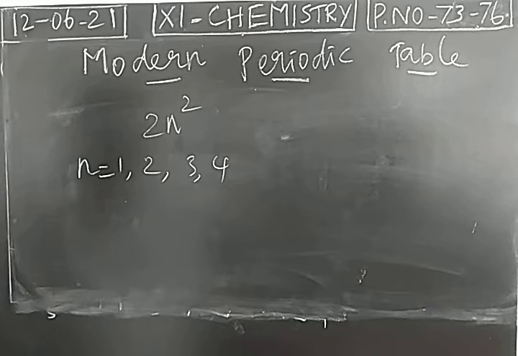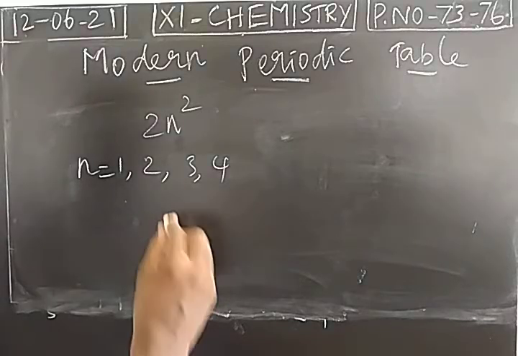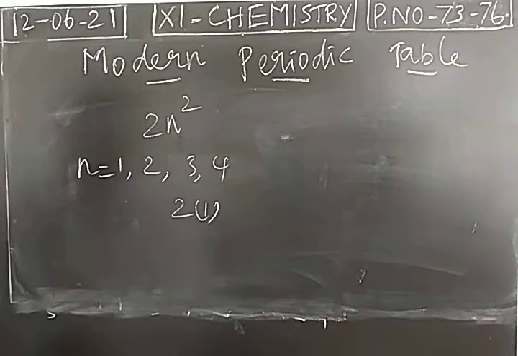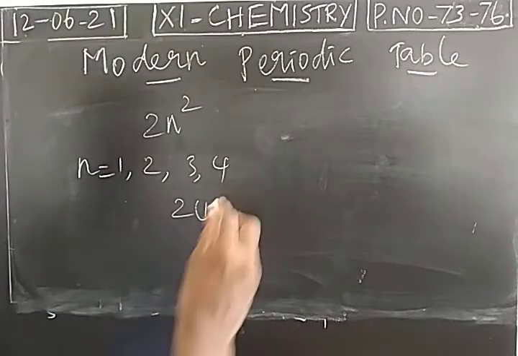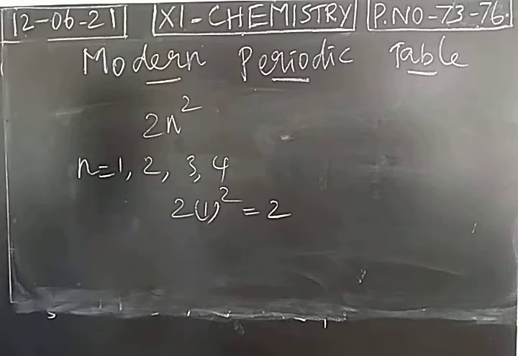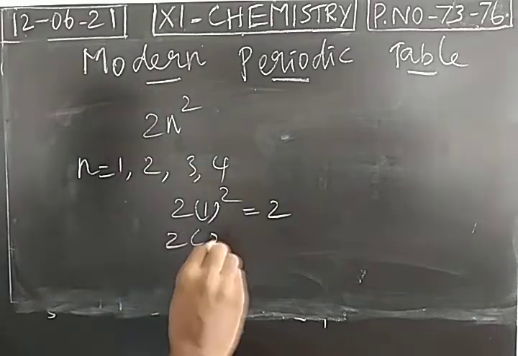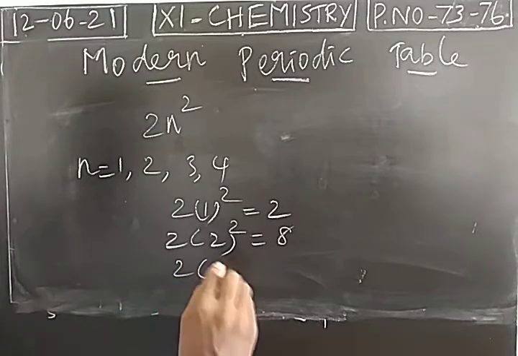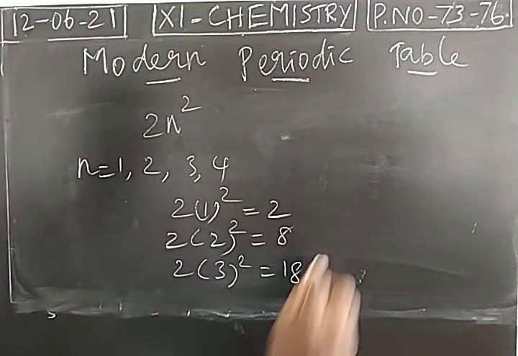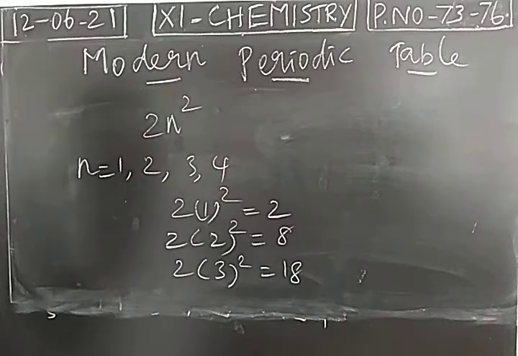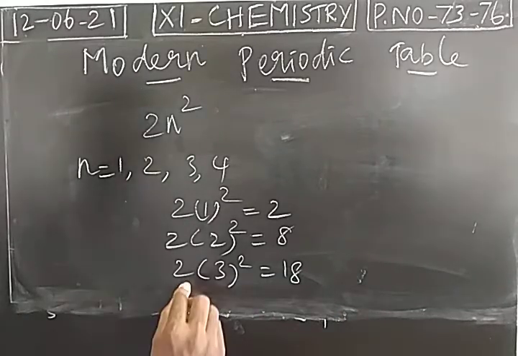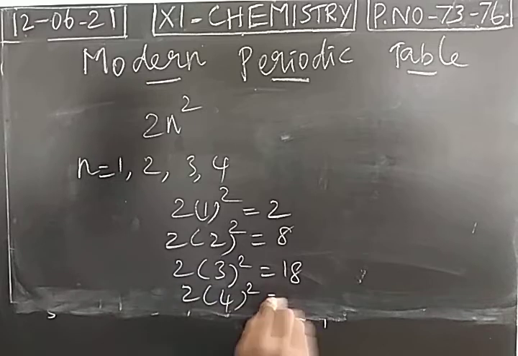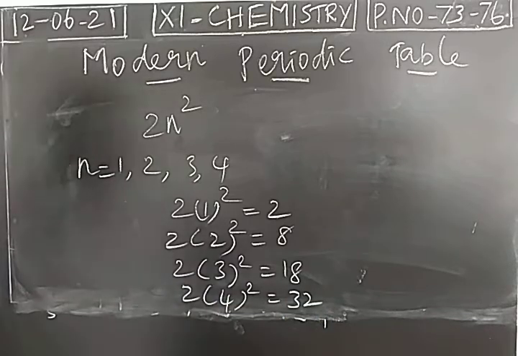So we can calculate how many electrons will be present in the first shell, second shell, third shell. If it is the first shell or K shell, a maximum of 2 electrons will be placed. The second shell will hold a maximum of 8 electrons. The third shell, a maximum of 18 electrons. The fourth shell will have a maximum of 32 electrons.